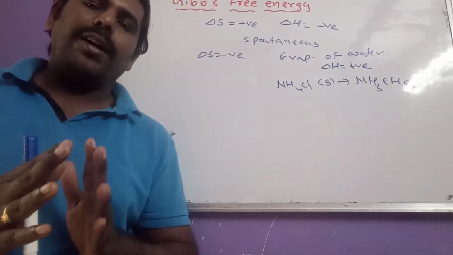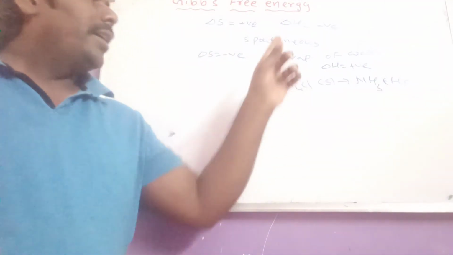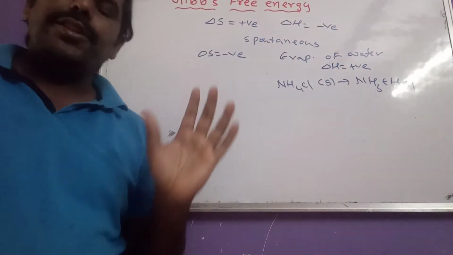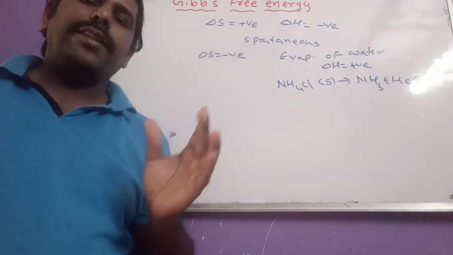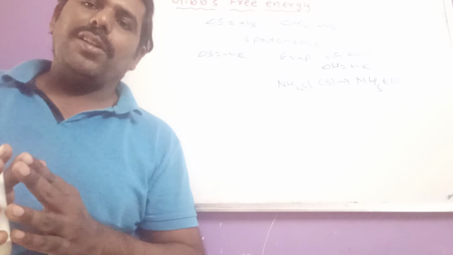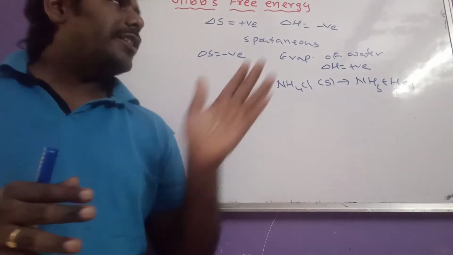So finally, what we have to say here: delta H negative and delta S positive are not sole criteria for the spontaneity of a reaction. These are not necessary conditions for spontaneity.